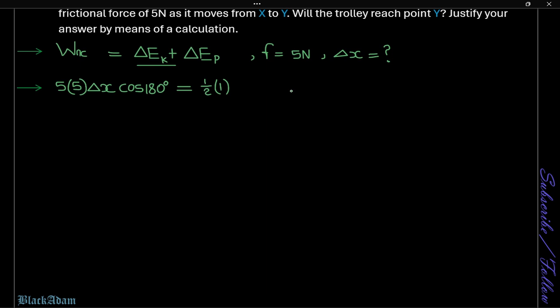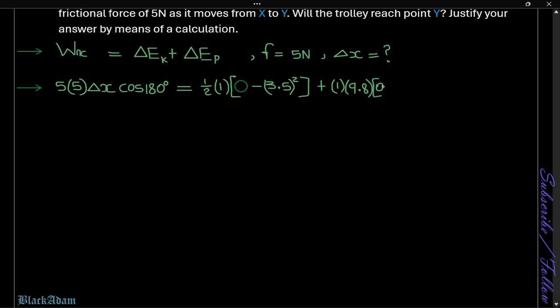So it's going to be half, mass is 1, and final velocity has to be 0 where it stops, the distance where it stops, minus initial velocity, which is 3.5, and we square that, plus it's going to be mass 1, g is 9.8, and then the difference of the height, which is 0.5, the final height minus initial height, which is 0.